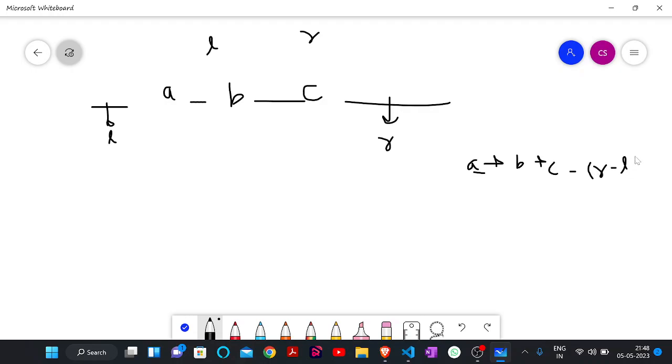So if our final target is to choose A, B, C only, then instead of choosing L and R from these, we can choose L this one and R this one. Because our target is to maximize A plus B plus C, and we want to minimize R minus L because that is negative.